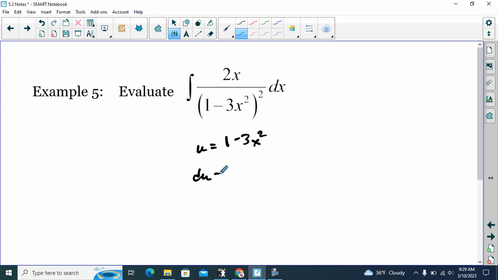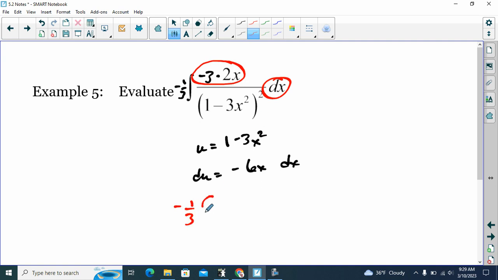So my du is negative 6x dx. I need to make this a negative 6x. I can do that by multiplying by negative 3, and negative 1/3. Negative 6x dx, there's du.